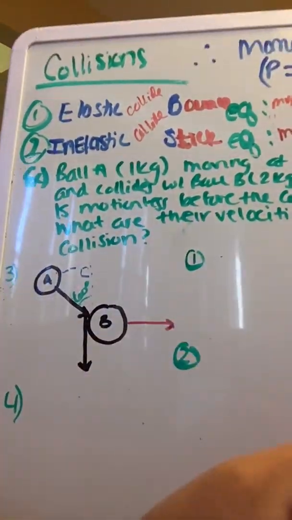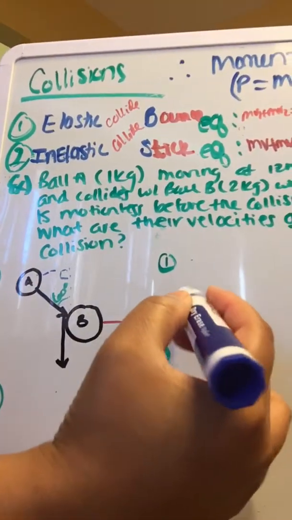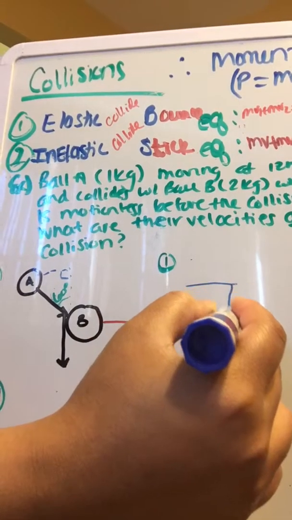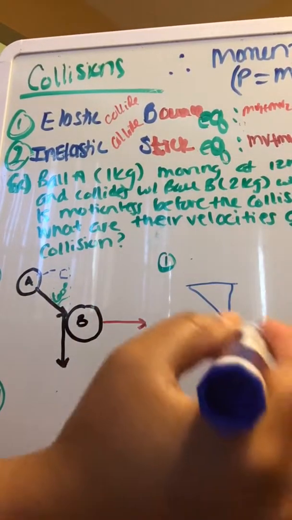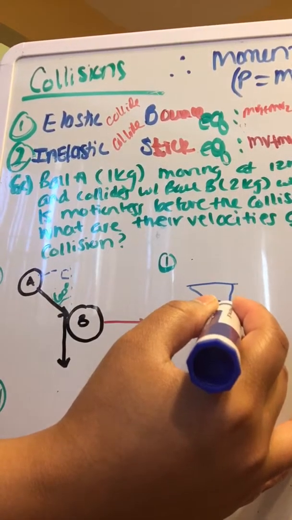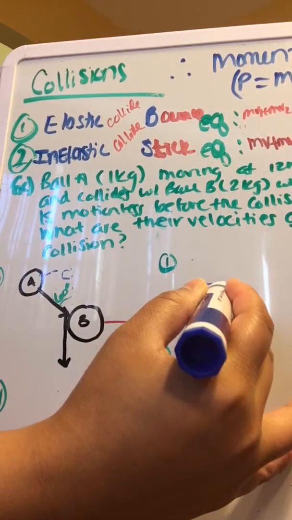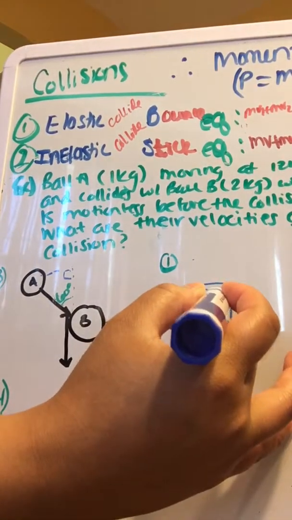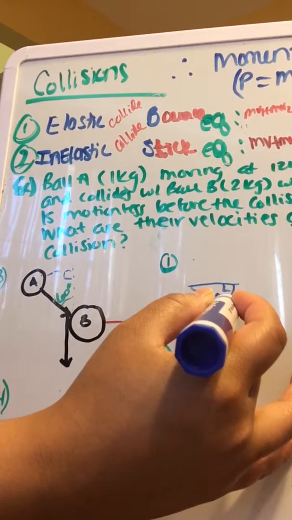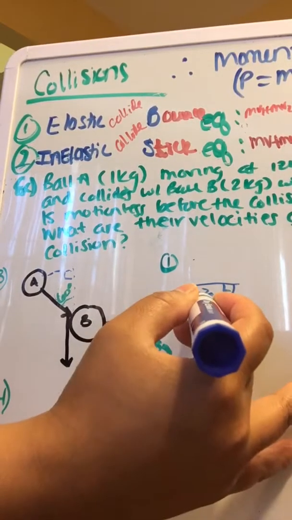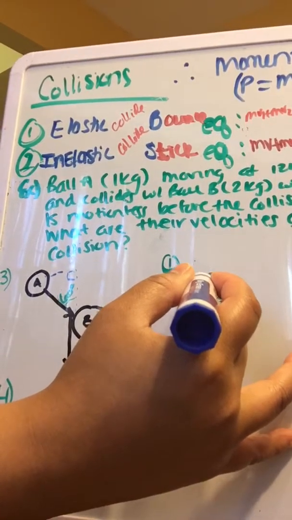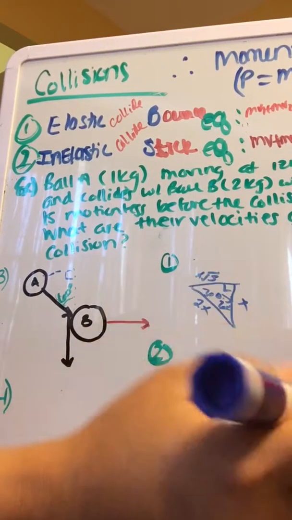So what we're gonna do is take this triangle out. So this is 60. So we have our handy dandy 30, 60, 90 triangle, like we always do. We know that across from the 30 is always the smallest, the hypotenuse is always 2 times the smallest, and then the adjacent is always the smallest times root 3.